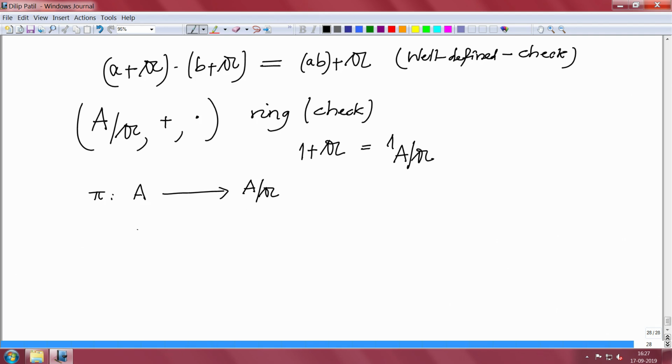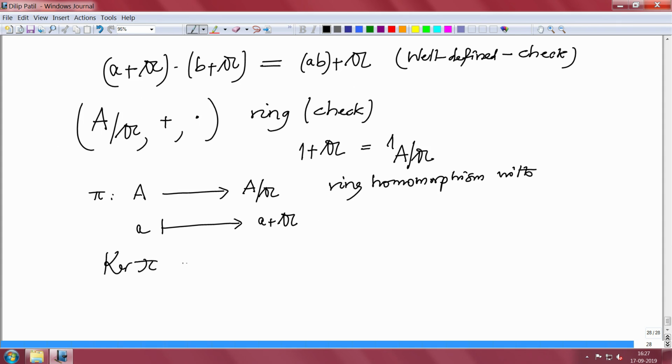This map is defined simply: an element a goes to the coset a + 𝔞. And this way we have defined, this is a ring homomorphism with kernel of π equal to, you see what, all those elements a in A such that a + 𝔞 is 0, which is equivalent to saying a belongs to the ideal 𝔞.